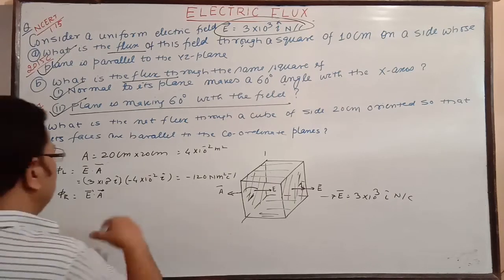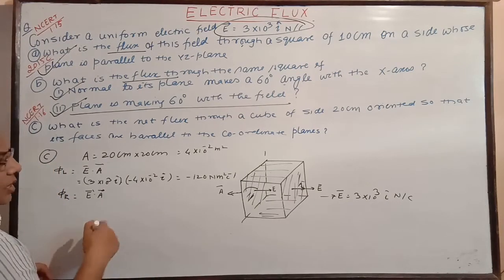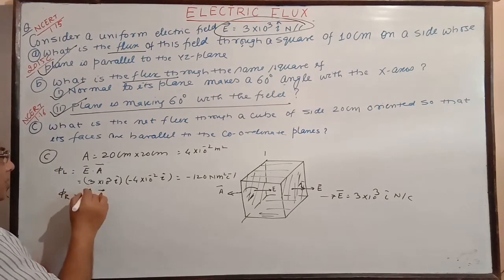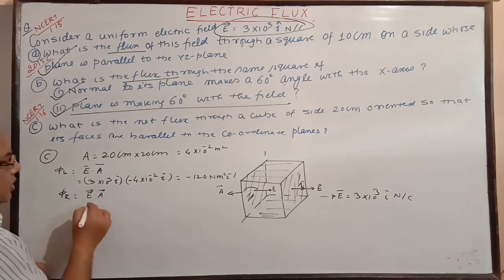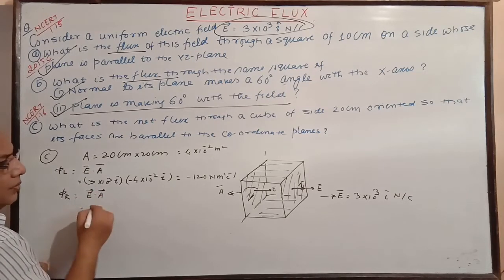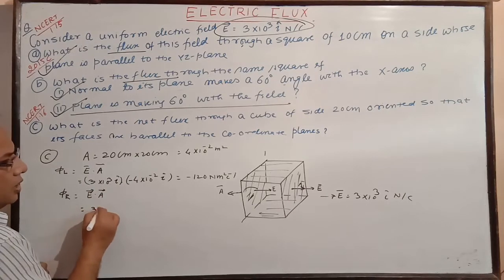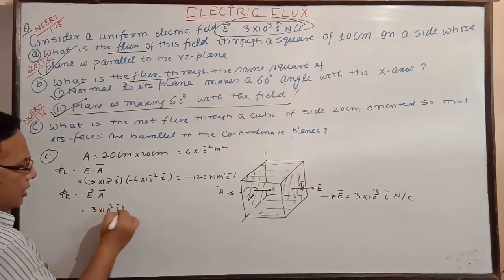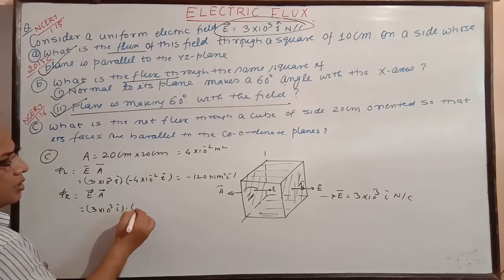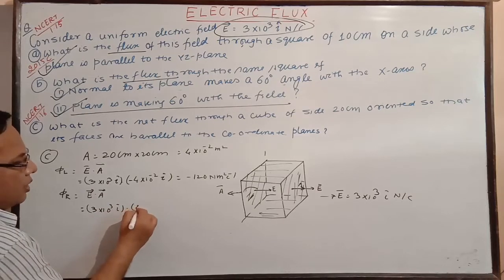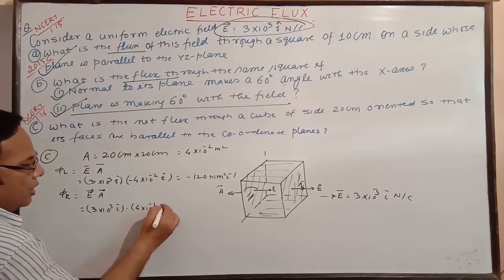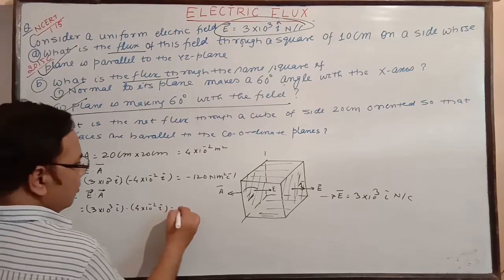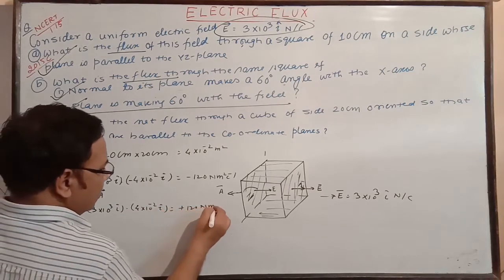Here 0 degree, or you can use the vector method or simple substitution by taking the angle. So this is E dot A, E is rightward, A is also rightward. So 3 into 10 to the power 3 i cap dot A, which is 4 into 10 to the power minus 2 i cap. So this is once again plus 120 Newton meter square per coulomb.